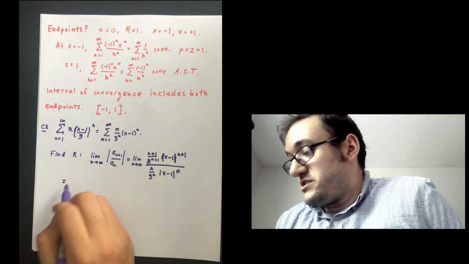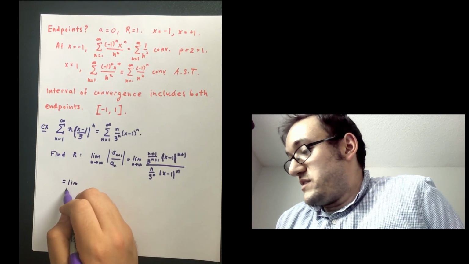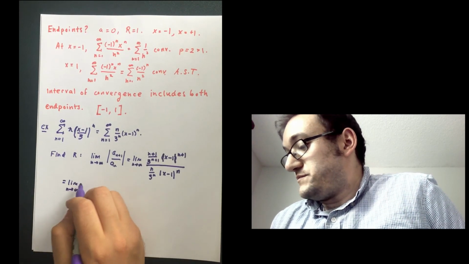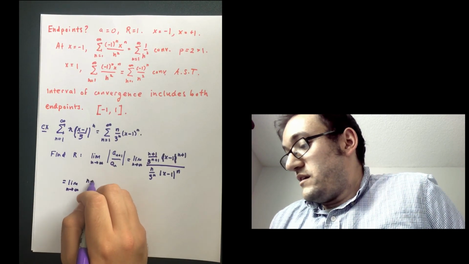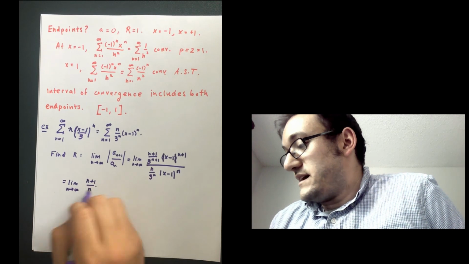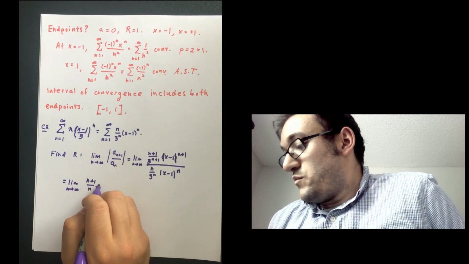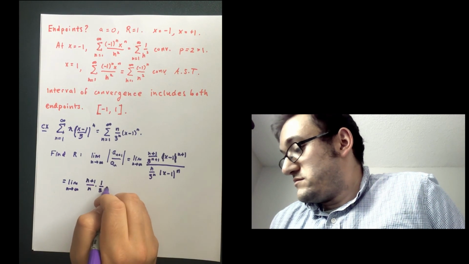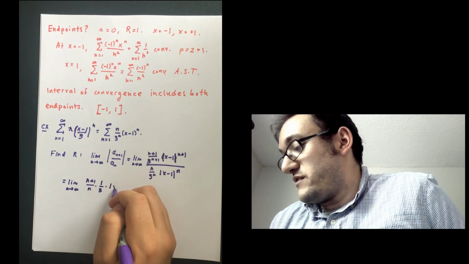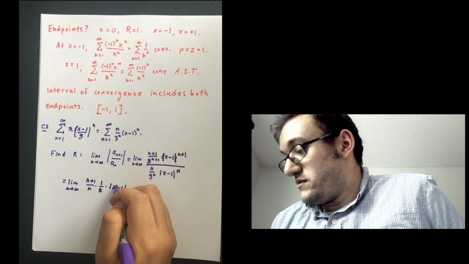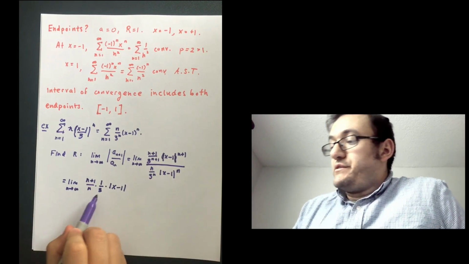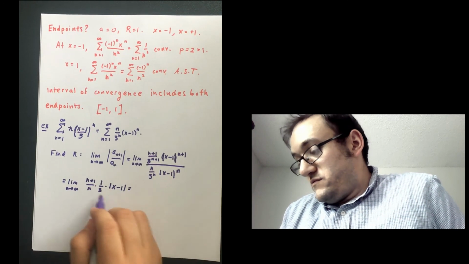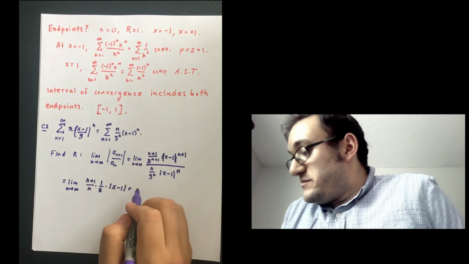Doing all the cancellation, we get the limit as n goes to infinity of n plus 1 over n times 1 over 3 times absolute value of x minus 1. These latter terms have no relationship to n, so you can pull them out of the limit.